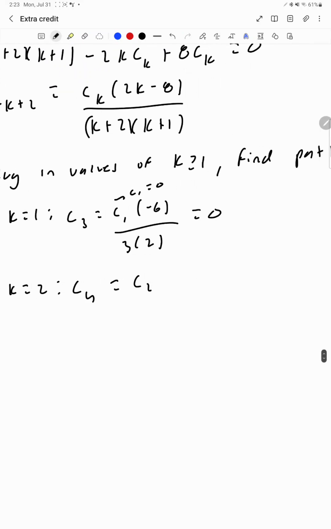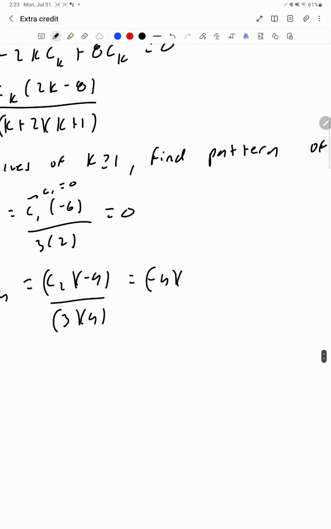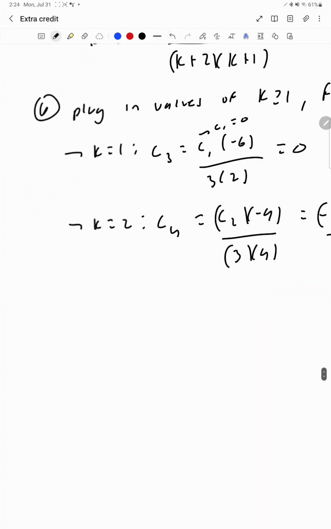And that becomes c2 times negative 4 over 3 times 4 equals negative 4 times negative 36. Does that look like a 3? I'm very self-conscious about my handwriting. And that equals 12.